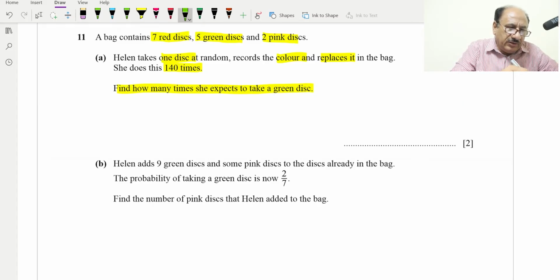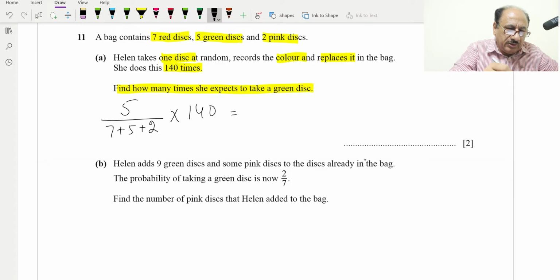There are 5 green discs. Out of the total, how many? The total is 7 plus 5 plus 2, and multiply by 140.